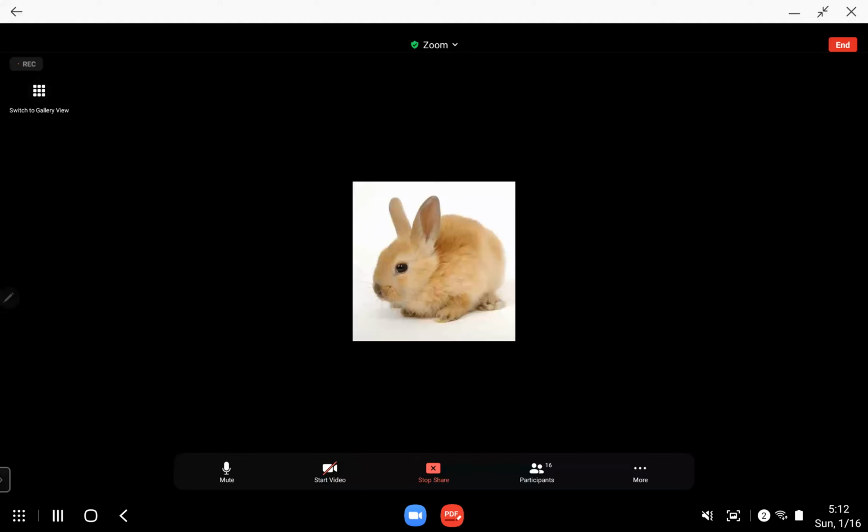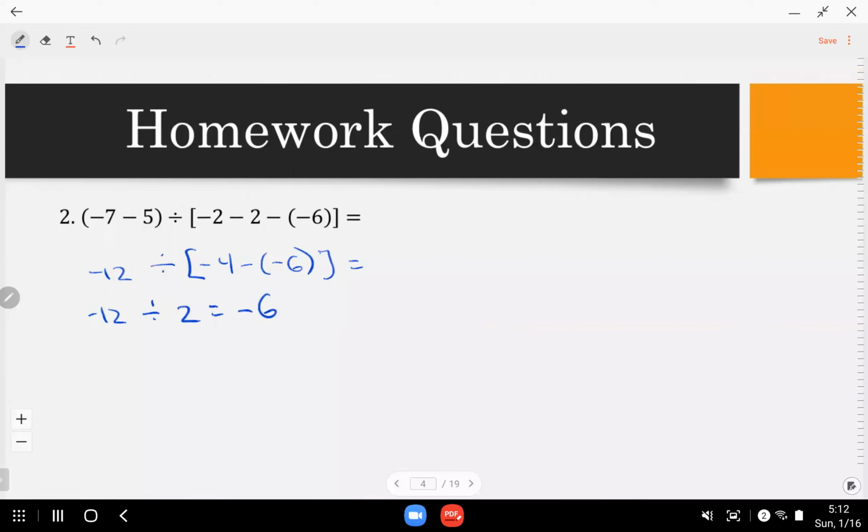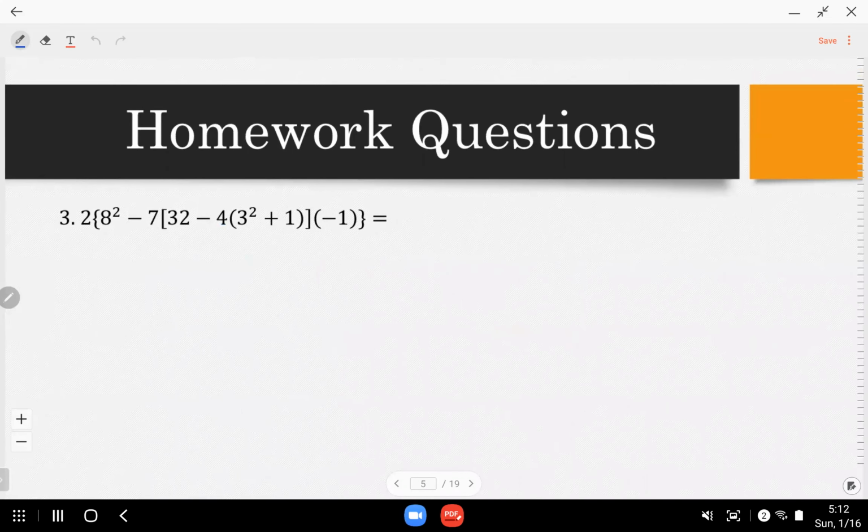Okay. So next problem. This one, I'd like you guys to solve yourselves, or I'll give you a few moments to put your answers for this one, because I want to see again what those answers were, because I did see a lot of answers all around for this one.